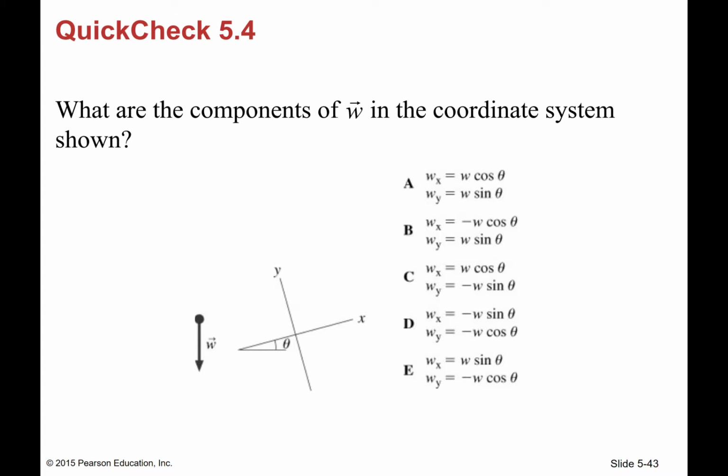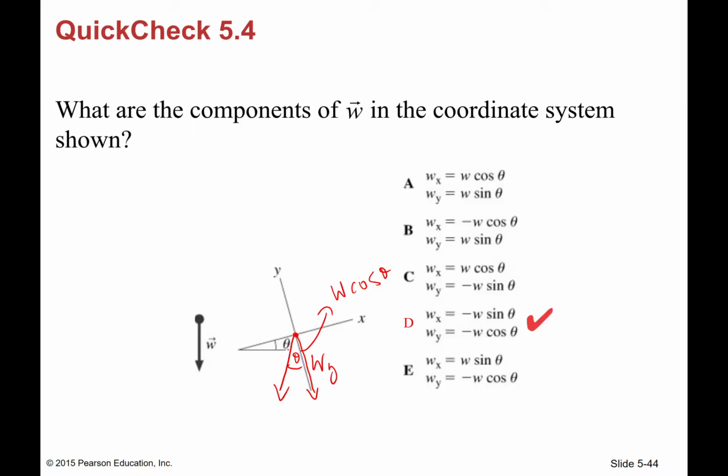Alright, if you look at this, you would know that your weight is this here. So this is theta. This is the y component, so this is Wy. That is the adjacent, right? So this one is W cosine theta.